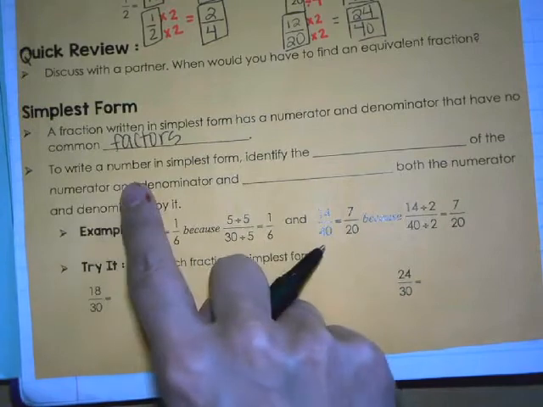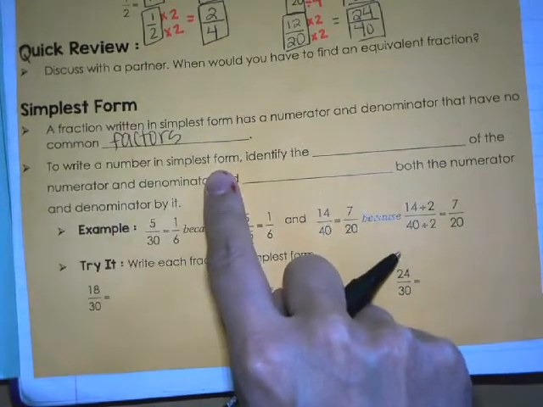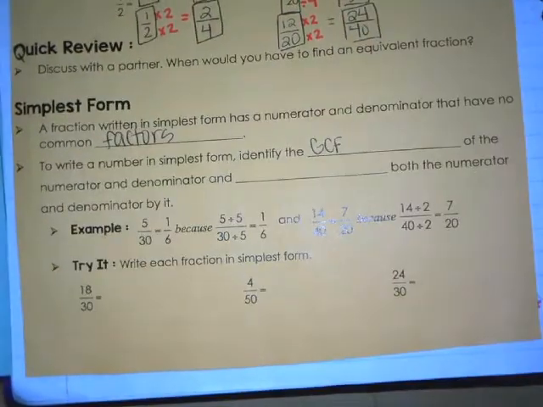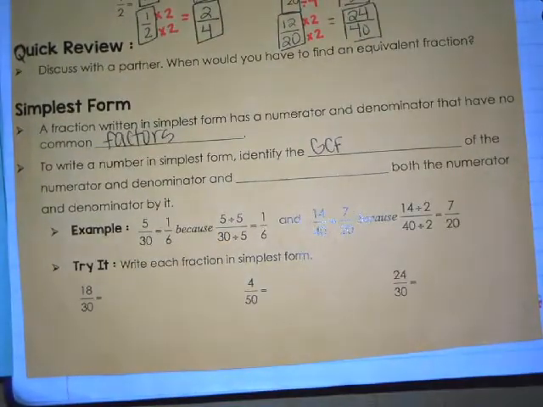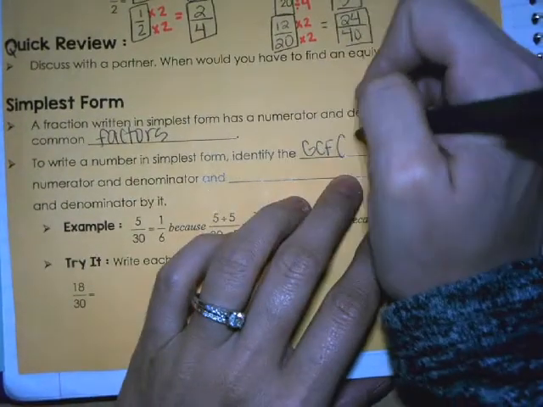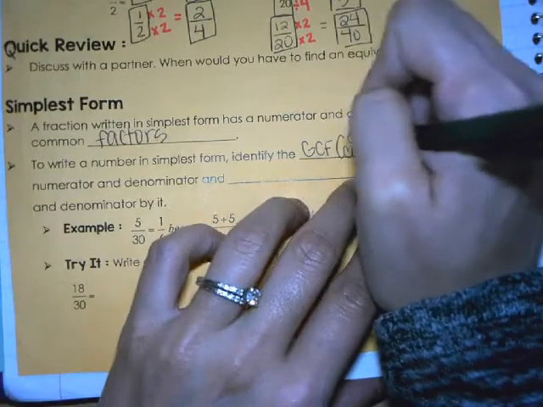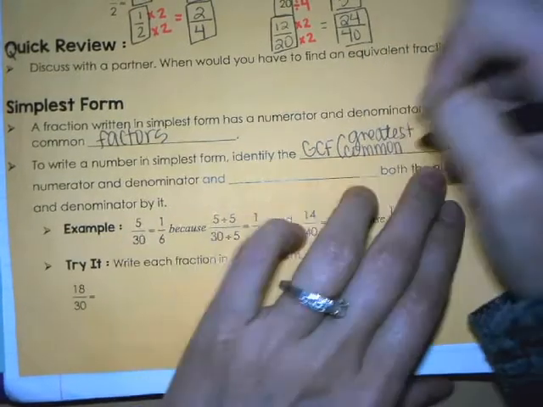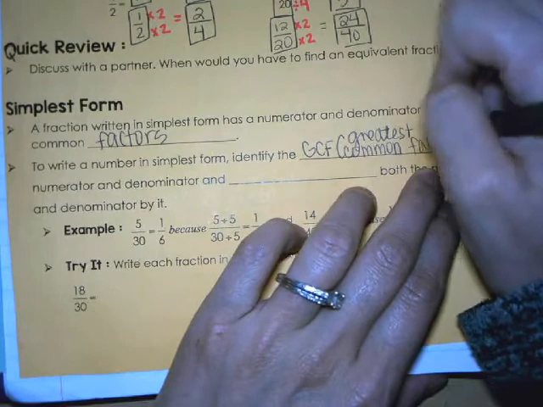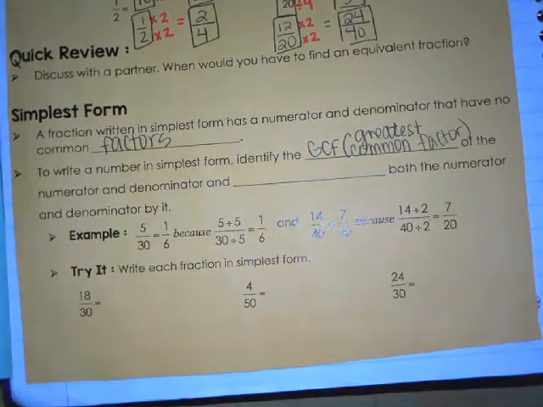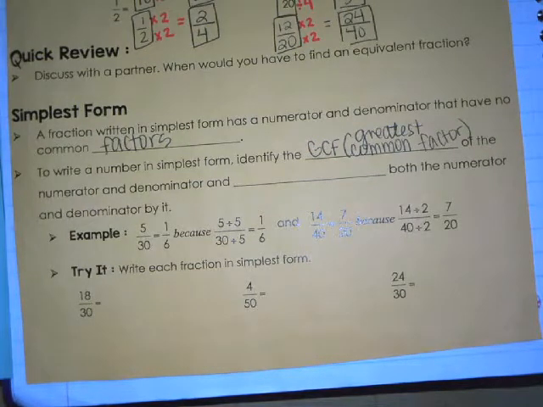So, to write a number in simplest form, identify what we call the GCF. Does anyone know what GCF stands for? Greatest common factor. Now, you do not have to find the greatest common factor. You just need to find a factor. But finding the greatest common factor will totally help you out because it's the greatest number.